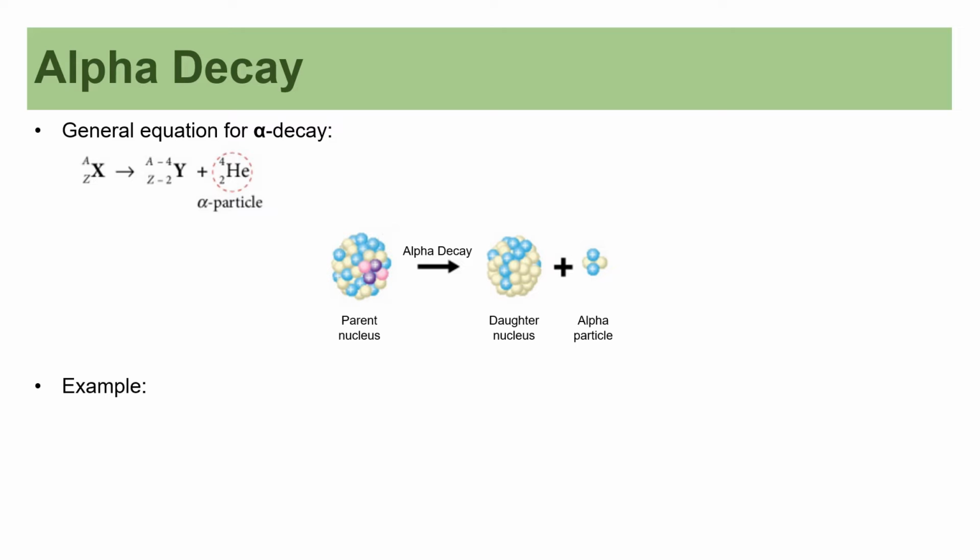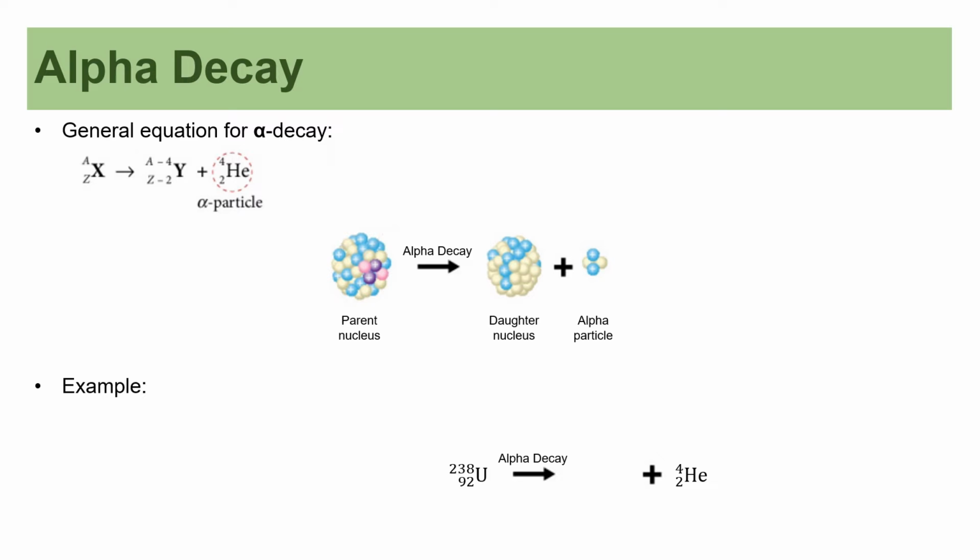Now, let's take a look at an example. When an unstable nucleus like uranium-238 undergoes alpha decay, it emits an alpha particle, which means it loses 2 protons and 2 neutrons.